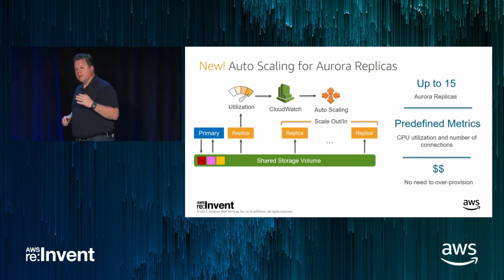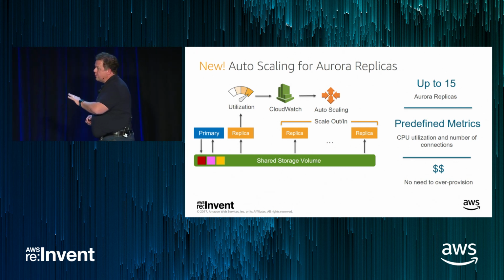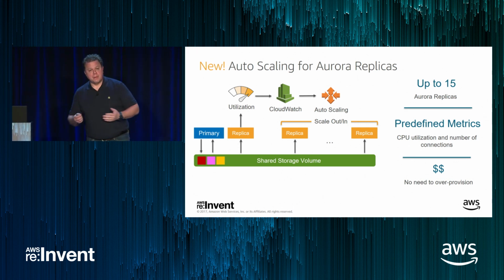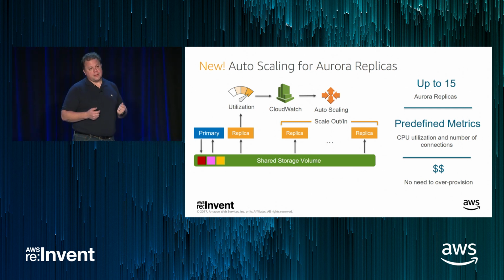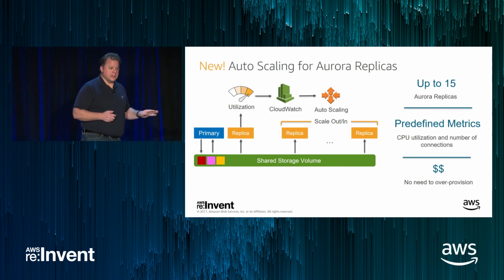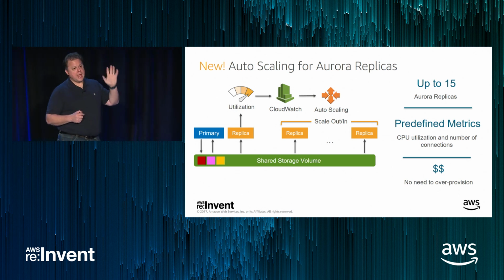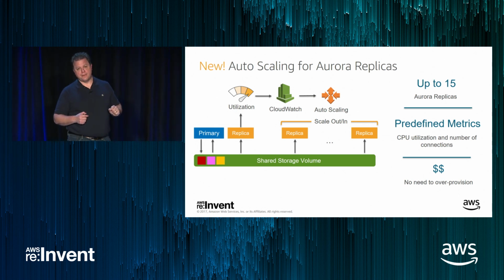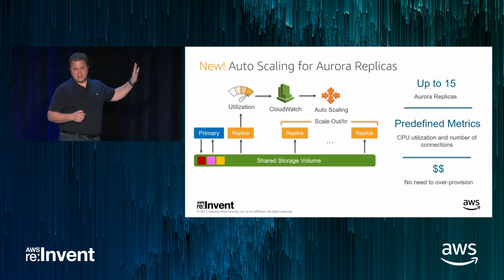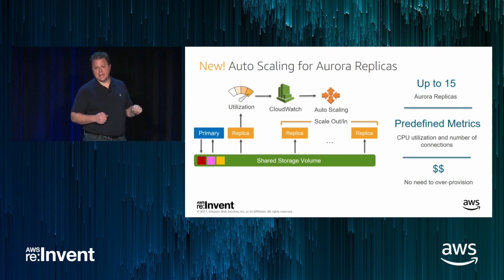So that's very powerful. Another thing is that since we're using this shared storage volume, we're not dependent on the bin log. Our average Amazon Aurora replica latency is 10 to 20 milliseconds. That is regardless of what your write throughput is. So you could have as your master an R4 16x large and just be hammering that with tons of traffic, tons of write activity, and then have your replicas be only a handful of milliseconds behind.